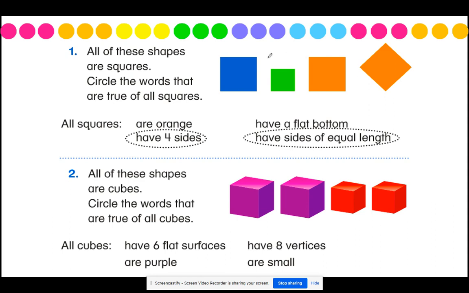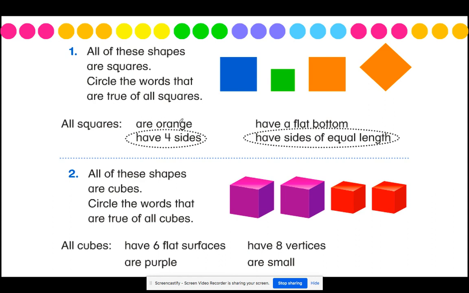So looking at the shapes that we have here at the top, all of these are squares. Now the one you might be confused by is this last one here, but this square is still a square, it's just turned on its side. So we need to find the clues that are true of all squares, and they did that. They circled have four sides, so all squares have four sides, and all squares have sides of equal length.